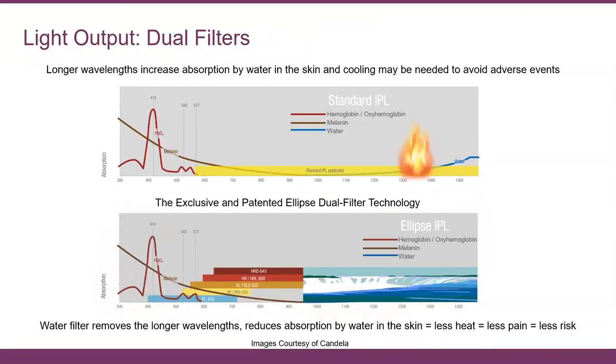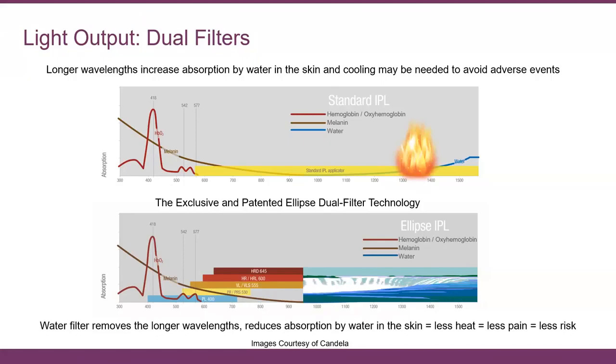If you look at the majority of IPL systems on the market, you will see on the handpiece a number. Generally, it could be anything from 645 to maybe 545 or even 530. What that number denotes is where the initial wavelength of light is being emitted, for instance from 530 nanometers.